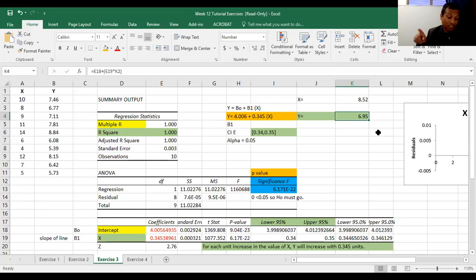The last part asks: based on the residual plot, is the regression equation a good model for the sample data or not? Explain why or why not. So this is the third way we are trying to see.